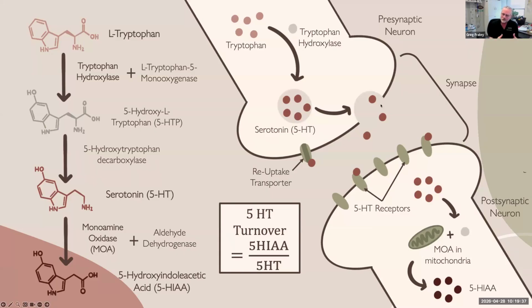So when we want to think about the activity of serotonin, in my lab, we like to use this ratio of the metabolite to the neurotransmitter. Okay, and it's what we refer to as the turnover. And this ratio is an indicator of the synaptic activity of serotonin.